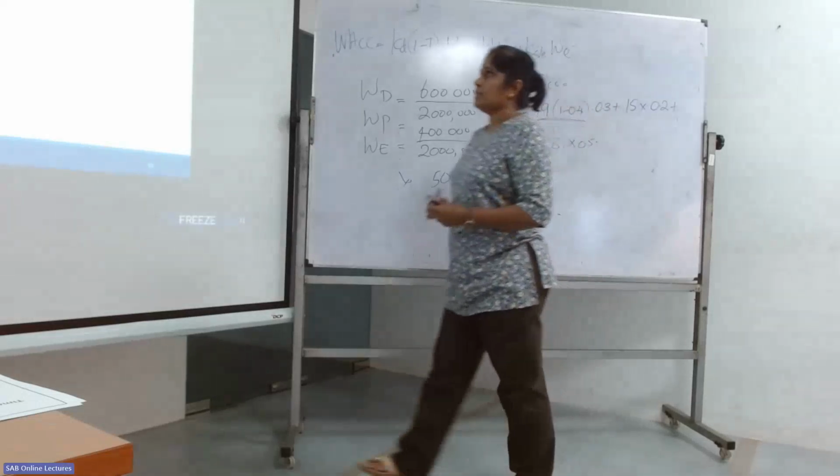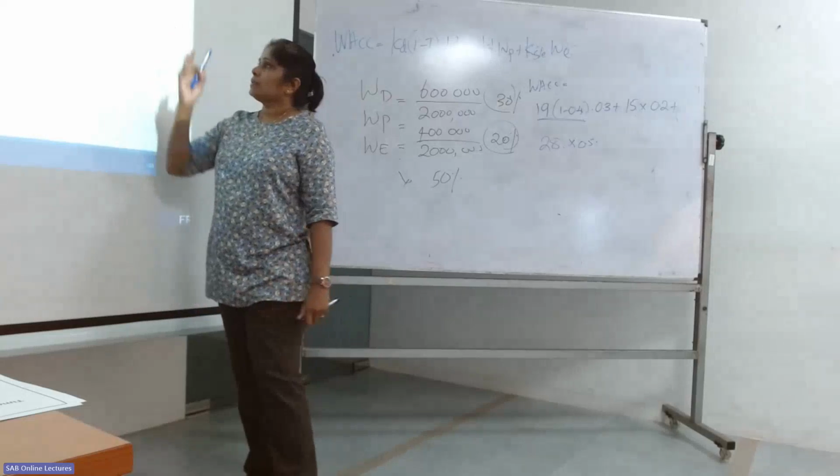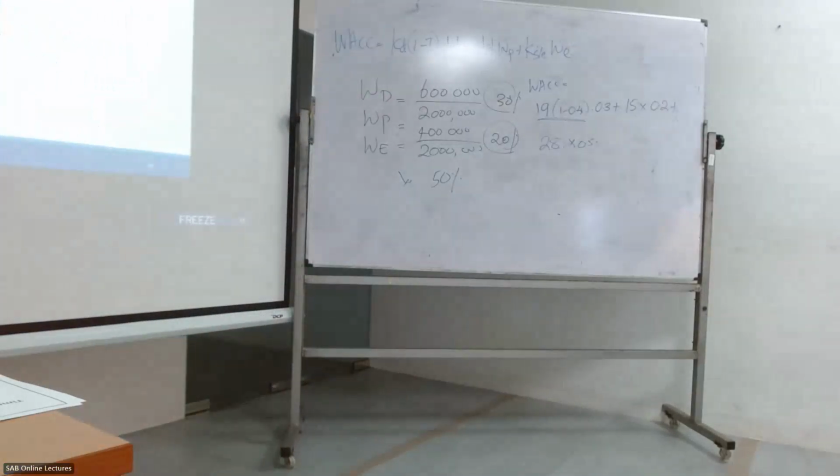So you can see here cost of components are given. So you can calculate weighted average cost of capital like this.